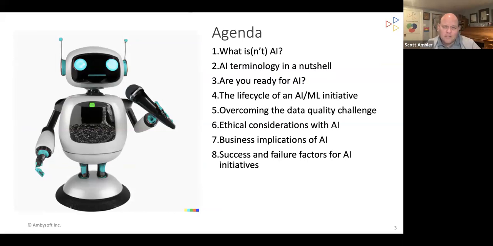I'll get a little bit into the data quality challenges that most organizations face. This is a very serious problem that we need to finally take seriously. AI has sort of brought this to a head. And then I'll walk through the success and failure factors surrounding AI.